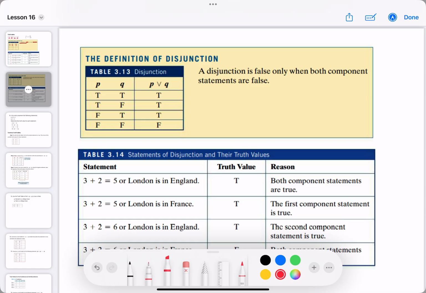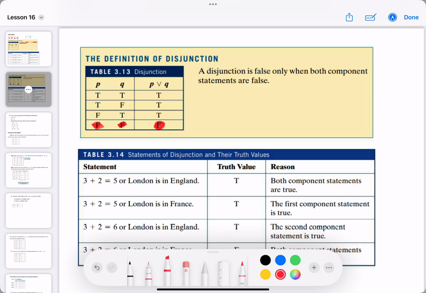And for the disjunction, it is false only when both component statements are false. So for the disjunction, it is false only when both statements are false.